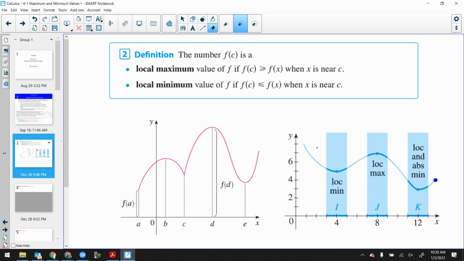Okay? And actually, let me go so far as to say this. I might be getting ahead of myself a little bit, but if I had put an open dot on that, is there an absolute maximum anymore? No, there is not. Because it is going to get closer and closer to, what would that be, 8?